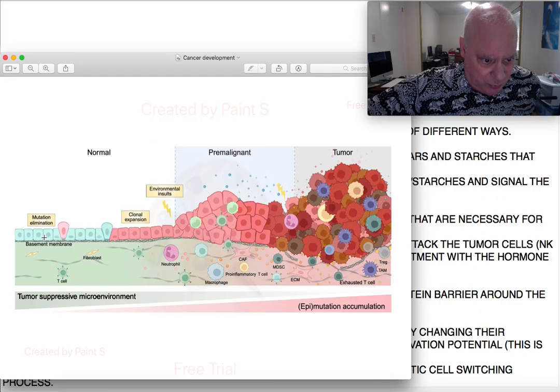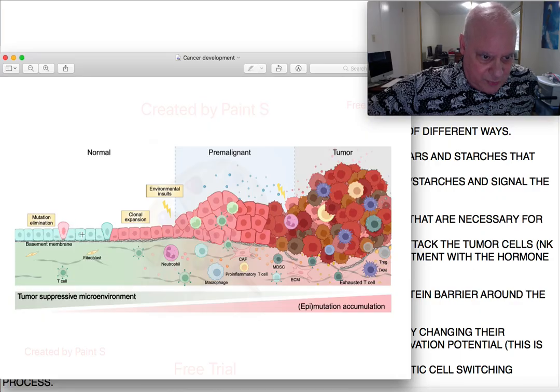So if you start with normal cells, except we get a mutation which gives us an abnormal cell. So this cell, because of some mutations, is now making some proteins wrong. And so it's not functioning the same as it did.